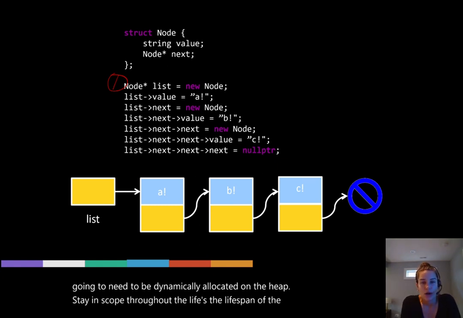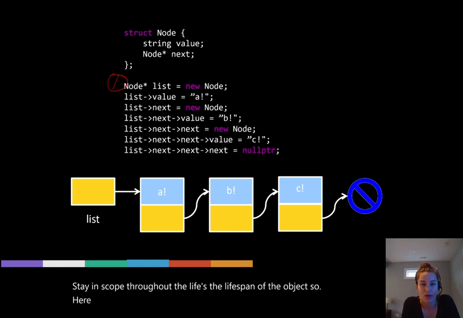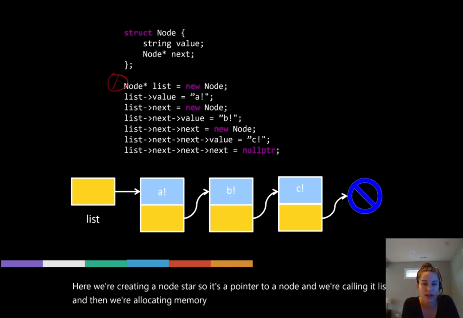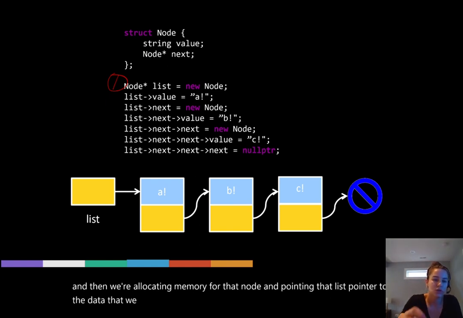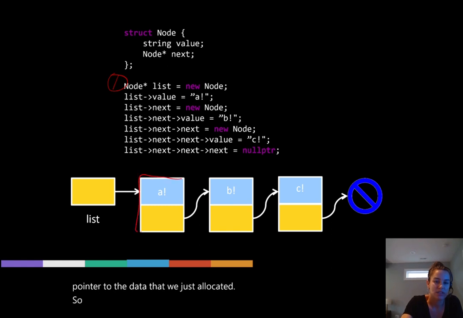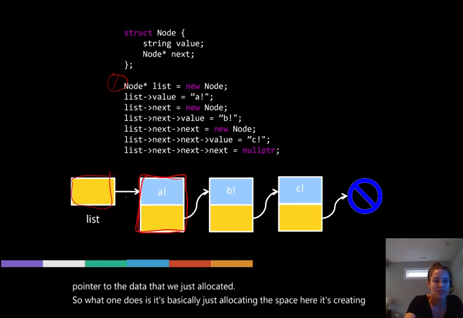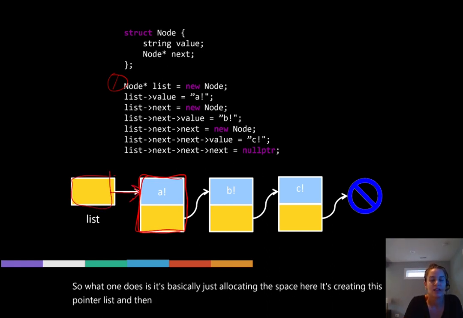So here we're creating a Node star, so it's a pointer to a node, and we're calling it list, and then we're allocating memory for that node and pointing that list pointer to the data that we just allocated. So what one does is it's basically just allocating the space here. It's creating this pointer list, and then it's linking the list pointer to the struct that we just allocated.